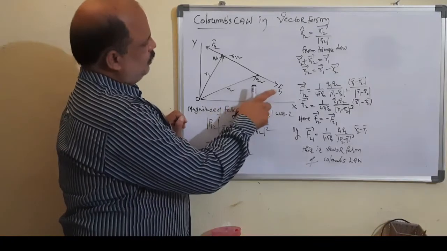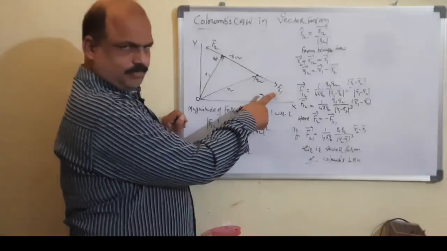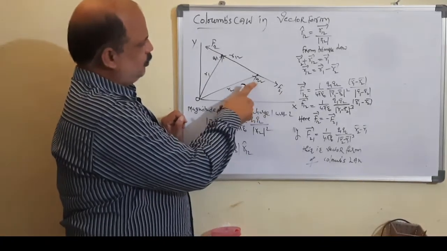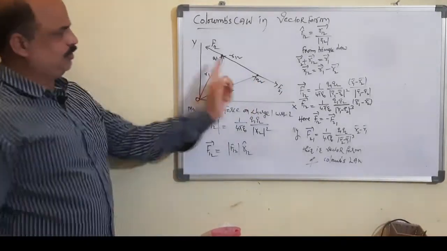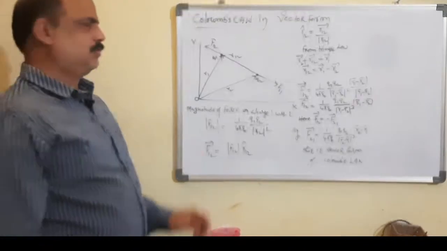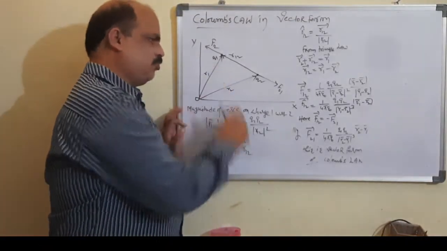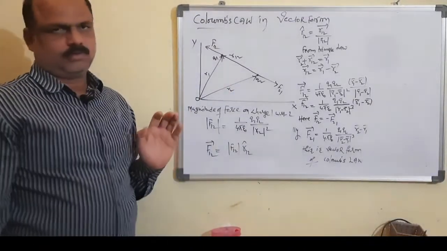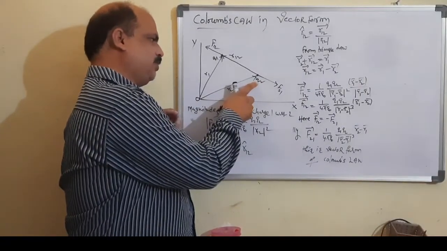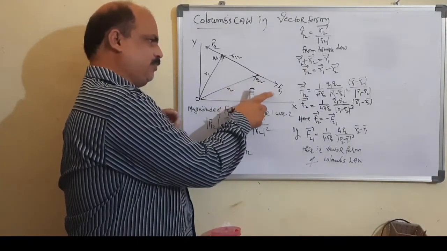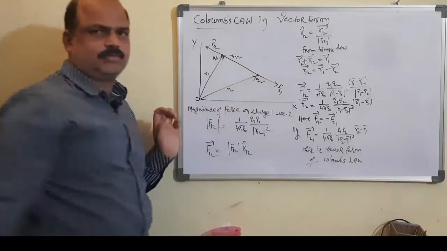Here F21 means what? Force on the second charge due to the first charge, along this direction. These are two positive charges, so a repulsion force is acting on the charge Q2, that is F21, along this direction.